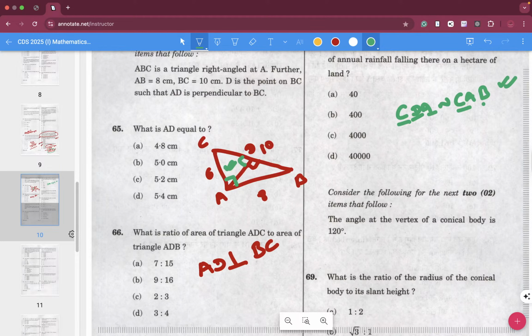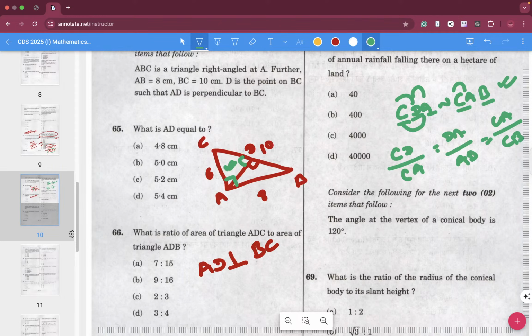Then the last angle is A, and in the bigger triangle the last angle is B. So what does this mean? CD by CA is equal to DA by AB, which is equal to CA by CB. So what is the value of CD over here? We don't know, just write down CD.